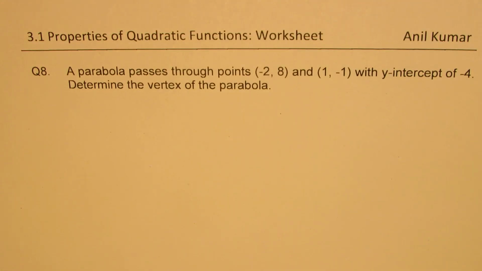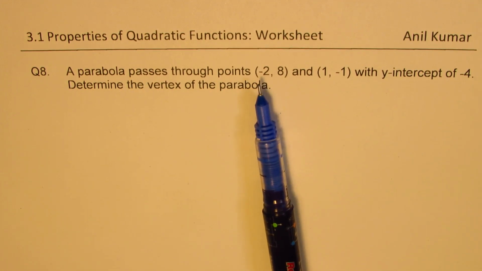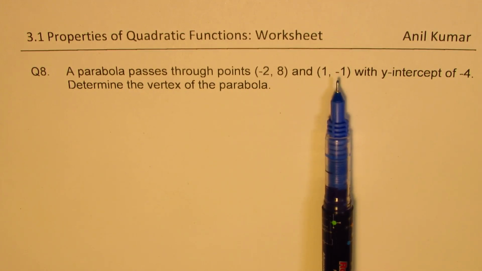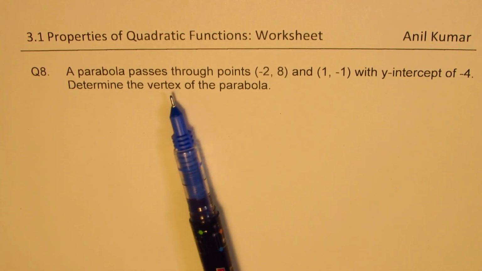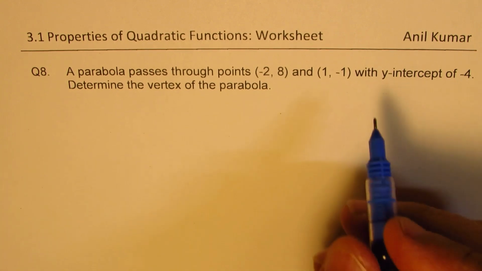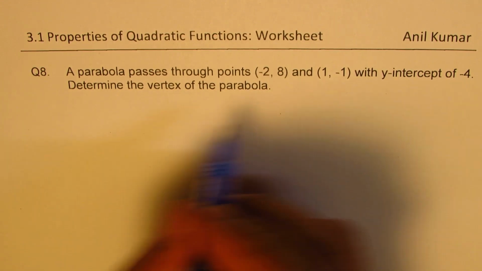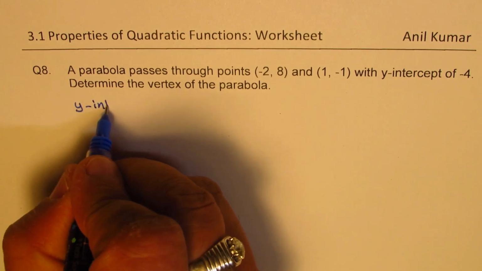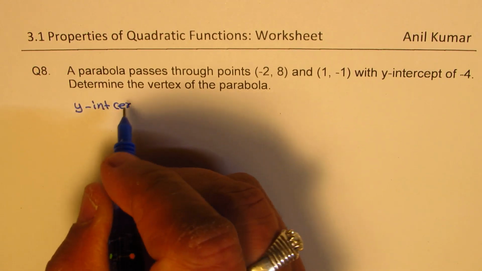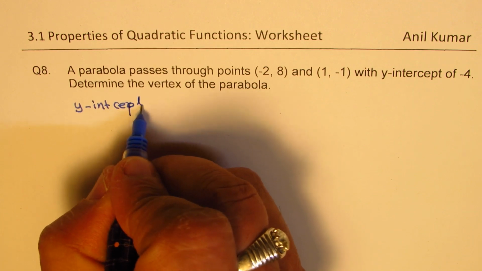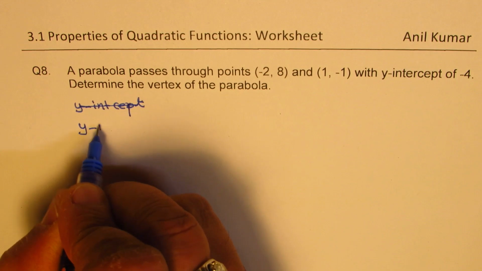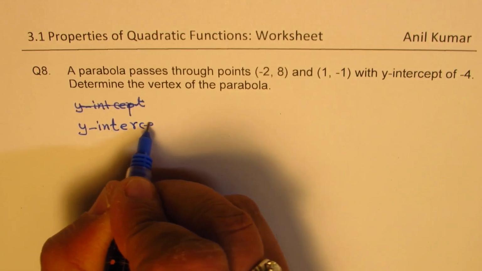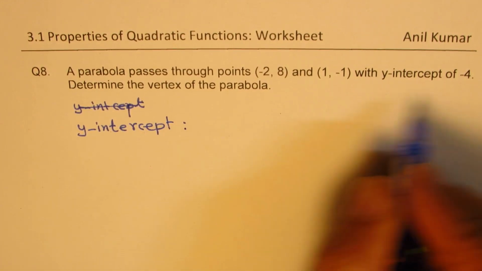Okay. The last question here is, the parabola passes through minus 2, 8 and 1, minus 1 with the y-intercept of minus 4. Determine the vertex of the parabola. So we have the y-intercept. So y-intercept is minus 4.